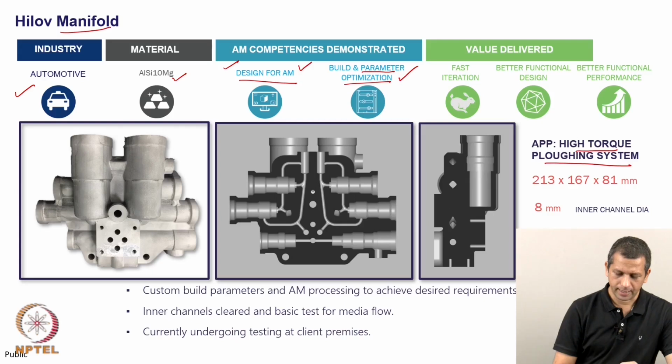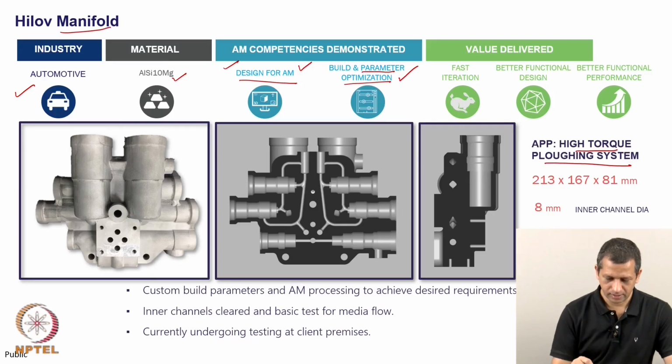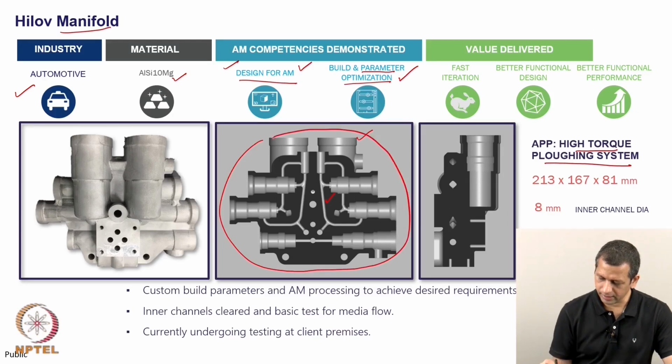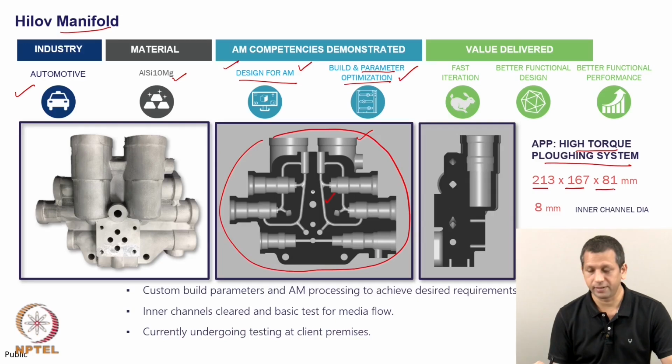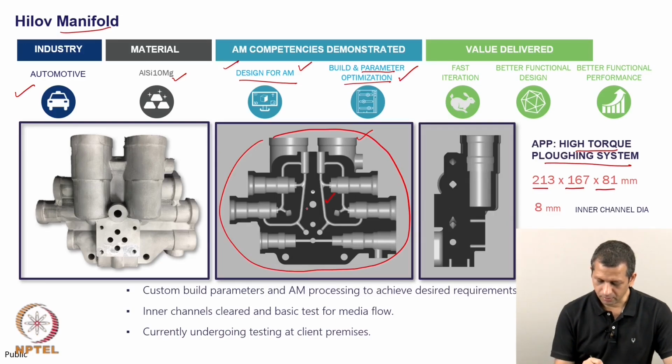This product has various channels. It has some broad inlets, it has smaller diameter channels. The overall size of this product, as you can see, is 213 by 167 by 81 mm, and some of the channels in this product are 8 mm, that is the inner channel diameter.